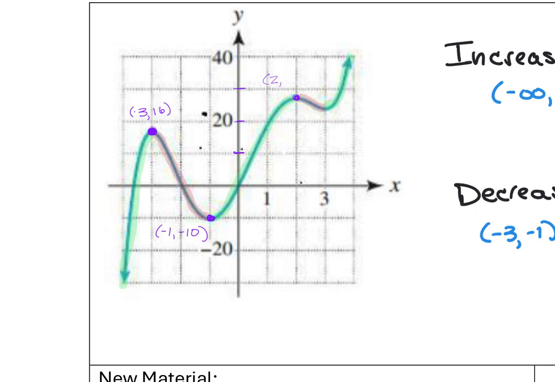No, sorry, not 18. I'm going to go with 28. It looks like it's a little bit closer to that 30. And then we have our point right here. I'm going to call this 3, and I'm going to call it 24.